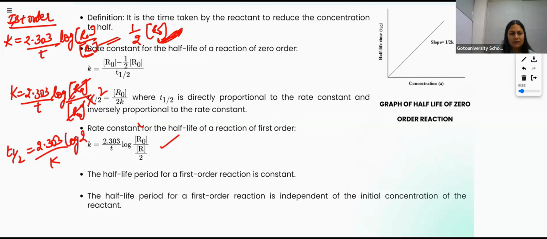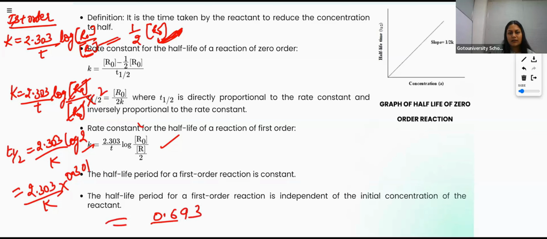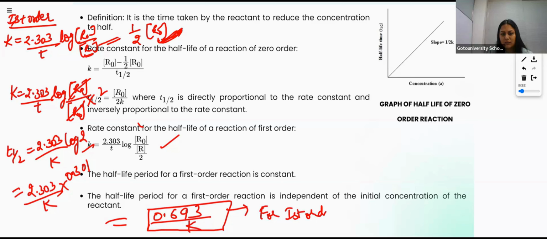This R naught will get cancelled, which equals 2.303 by K multiplied by the log value 0.301, and that equals 0.693 by K. This is the value of half life for a first order reaction.